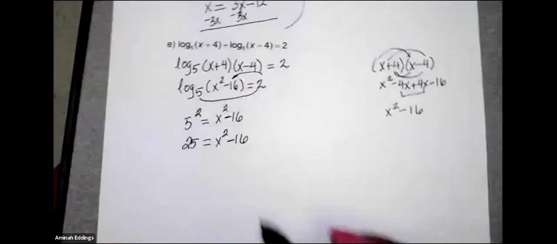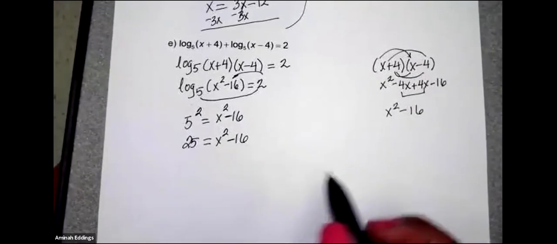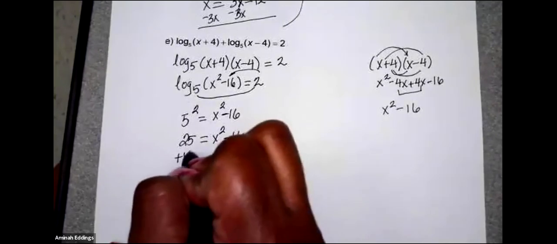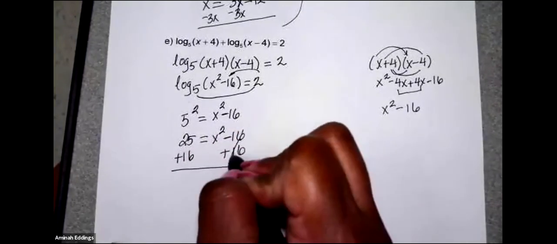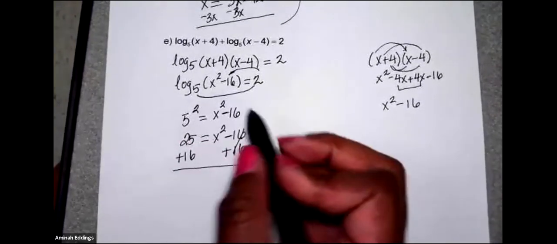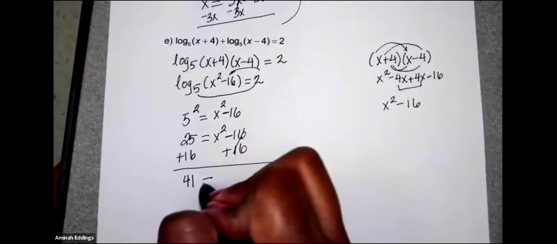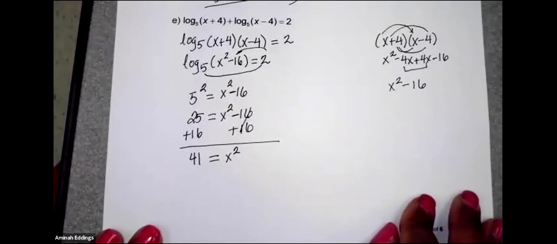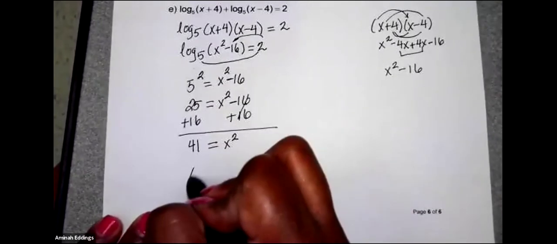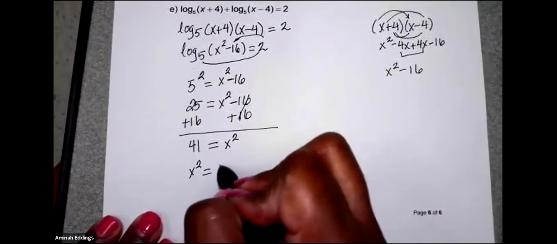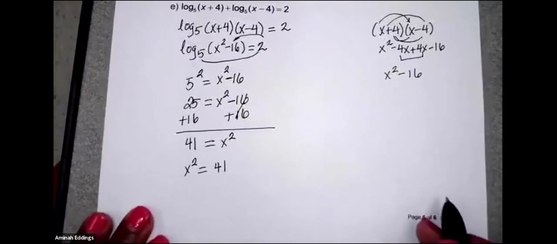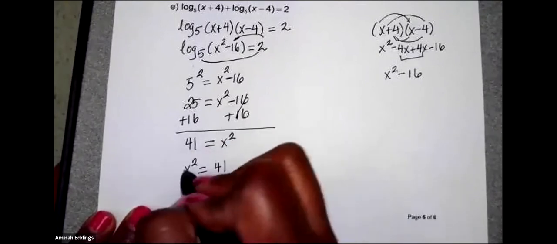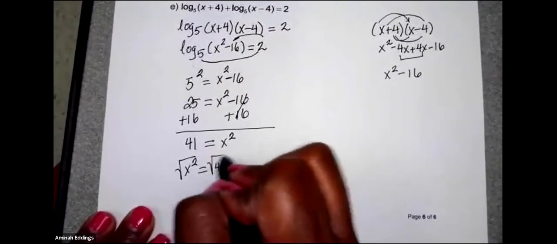So because I only have one x here, then I can just keep solving. So I'm going to add 16 to both sides. And I get 41 is equal to x squared. I'll turn this around, how you all are used to seeing it. So x squared equals 41. And then I need to get rid of this square by taking the square root.